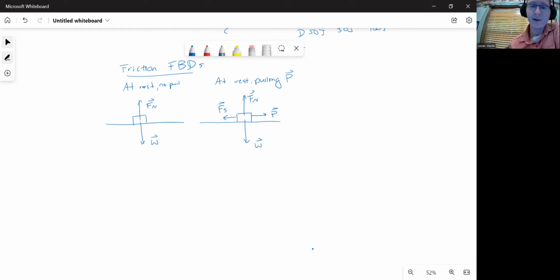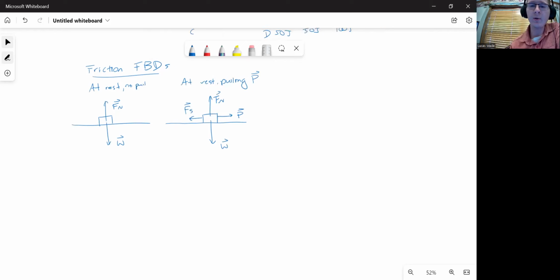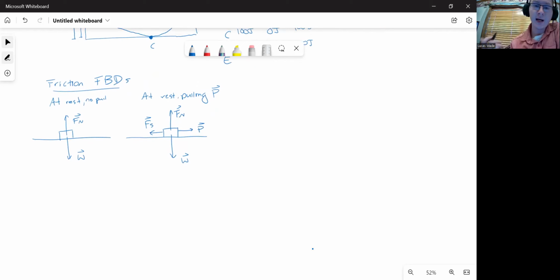Now, it's not necessarily the maximum static friction, it's just whatever it needs to be to oppose that pull, up to, if you can pull hard enough, eventually the static friction will reach its maximum value and can't supply any more friction. So that's the case where we have on the verge of slipping.